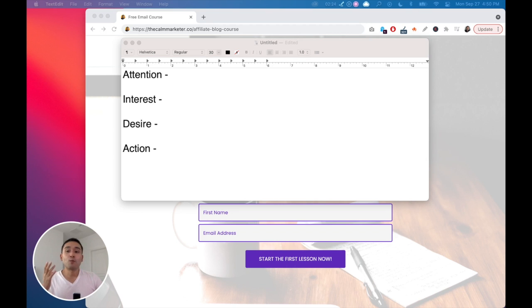And where I decided to use it first was in my podcast intro. So I'm not sure if you would notice, but all of my podcast intros follow a framework, and that's the AIDA framework. I'm not sure if you realize it, but go back, rewind, and try to see how I structure my intros because it does follow that framework.